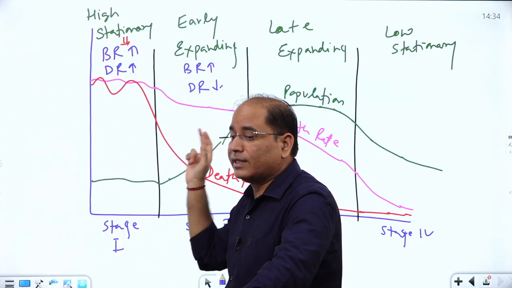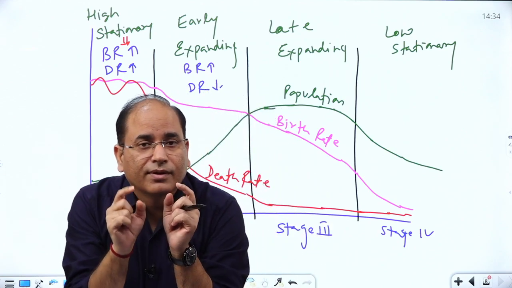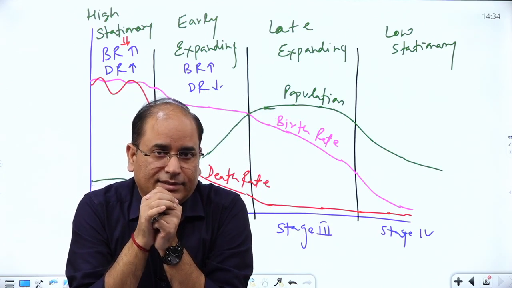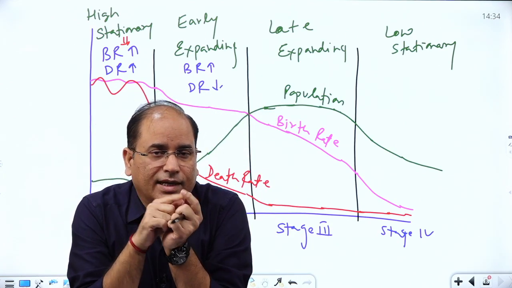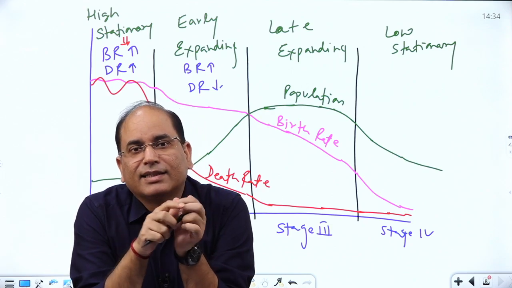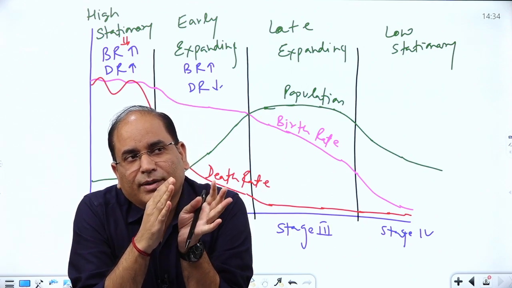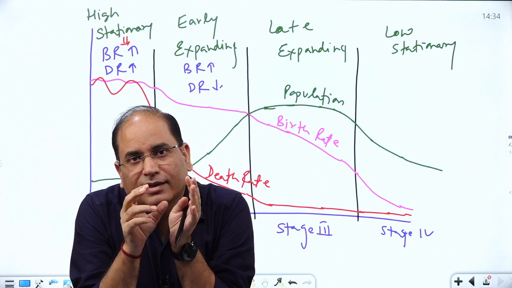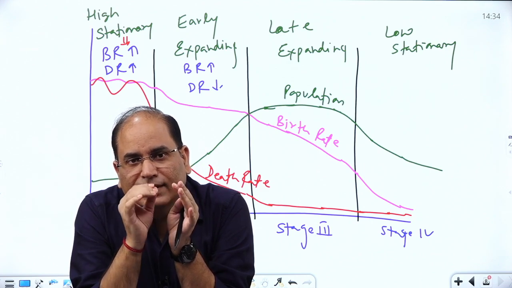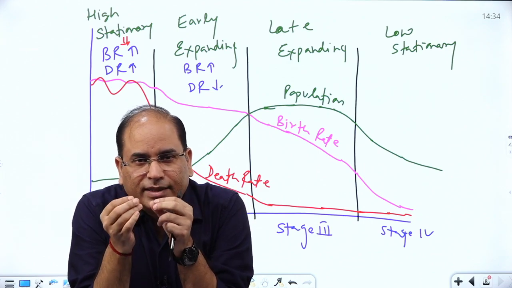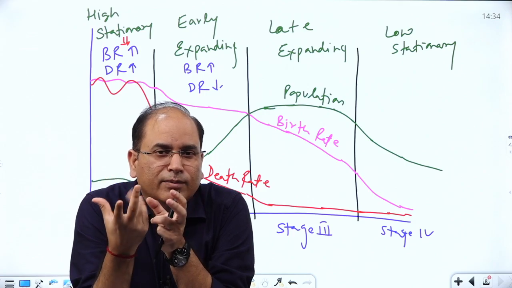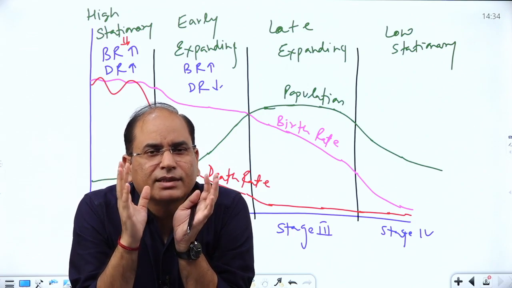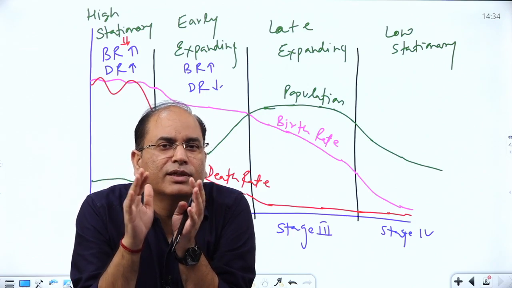But now what will happen in the second stage? बर्थ रेट अभी भी ज्यादा है, birth rate is still very high, डेथ रेट सडनली नीचे आ गई. So imagine a situation: earlier, around everyone was having 10 children and out of the 10 children hardly 2-3 children were surviving, 6-7 children were dying. So the population was mostly stabilized.